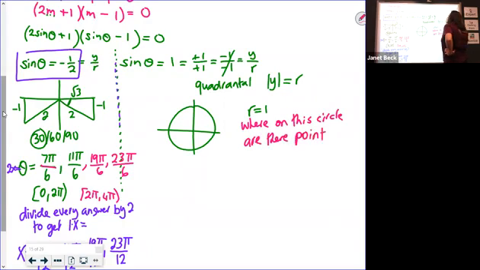Might be 1 point, might be 2, with a y coordinate equal to, we said our y was plus 1, not minus 1. Well, there's only 1 point with a y of plus 1, and that represents this angle.